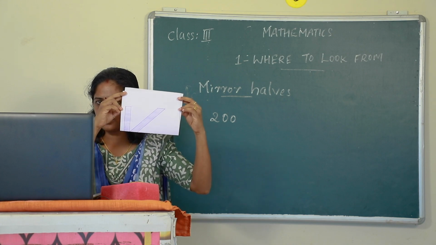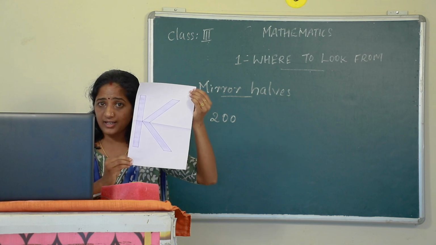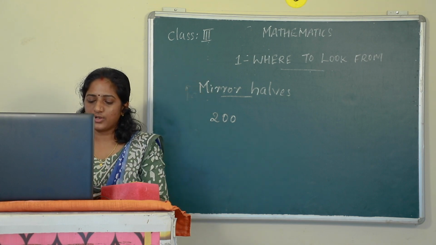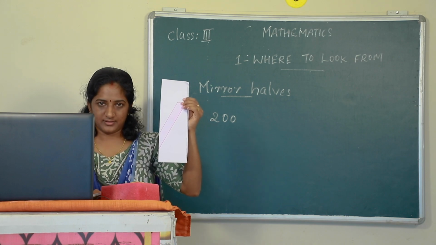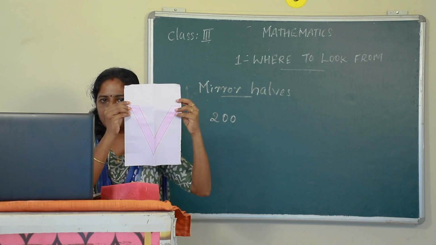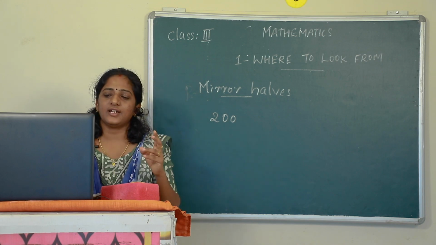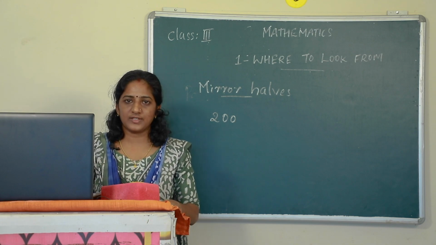Can you see? Yes, this is K. And the last one, which is this alphabet? Tell me. Yes, V. You are correct. So with this, we are concluding our first chapter.